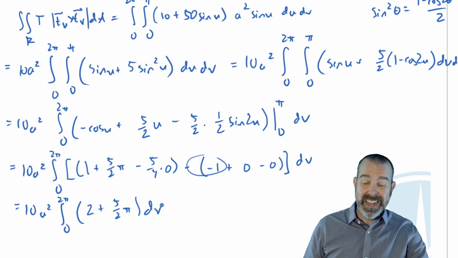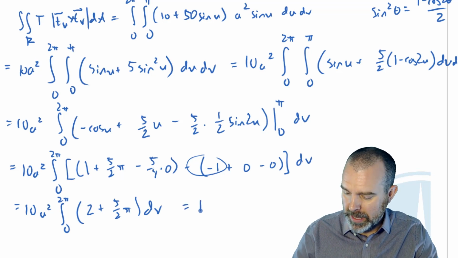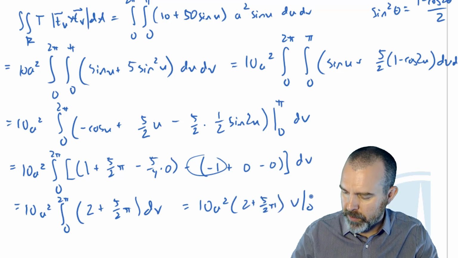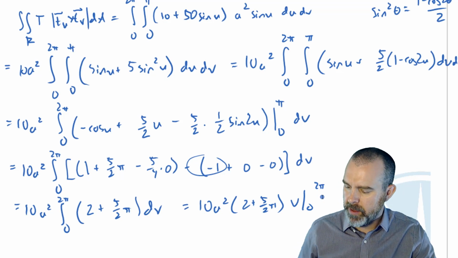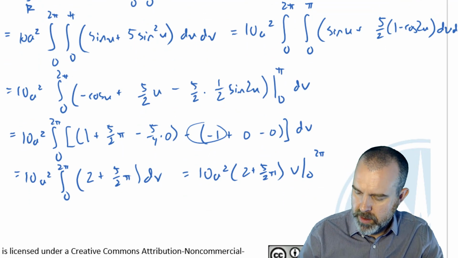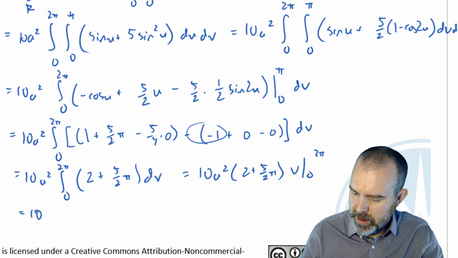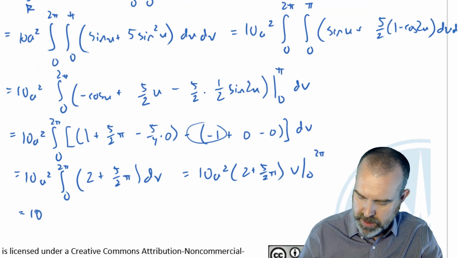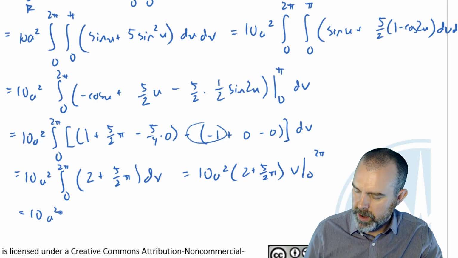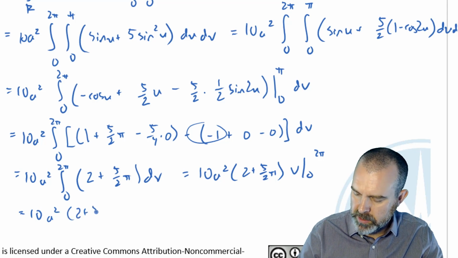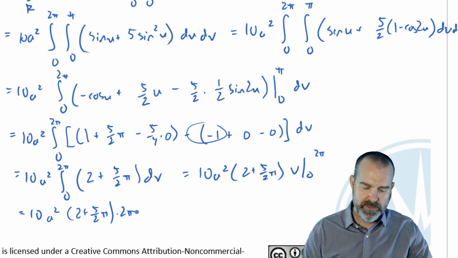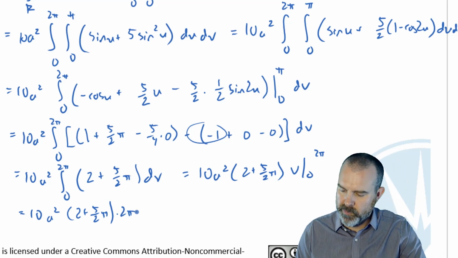And that's actually just a constant. We'll get 10a squared 2 plus 5 halves pi times v from 0 to 2 pi. Which means 10a squared 2 plus 5 halves pi times 2 pi.